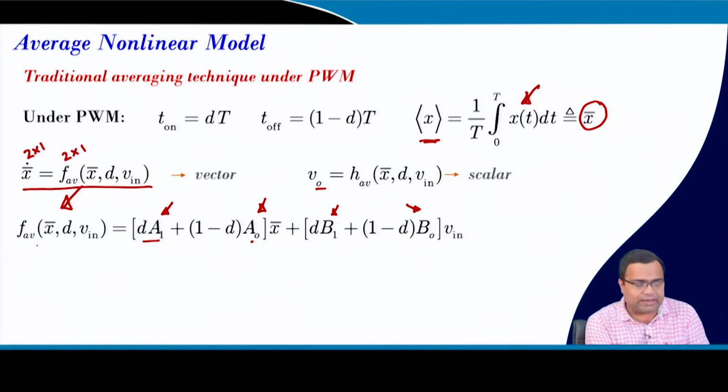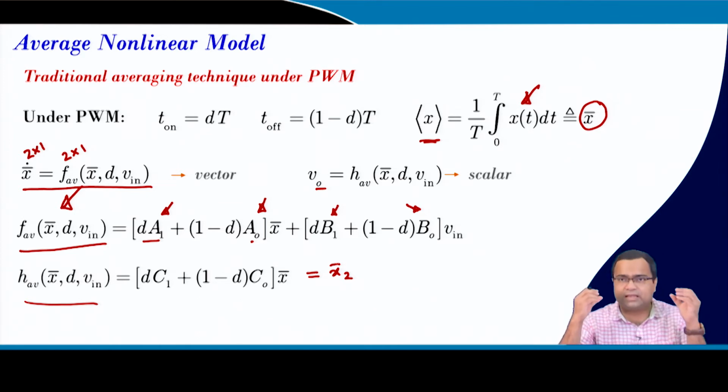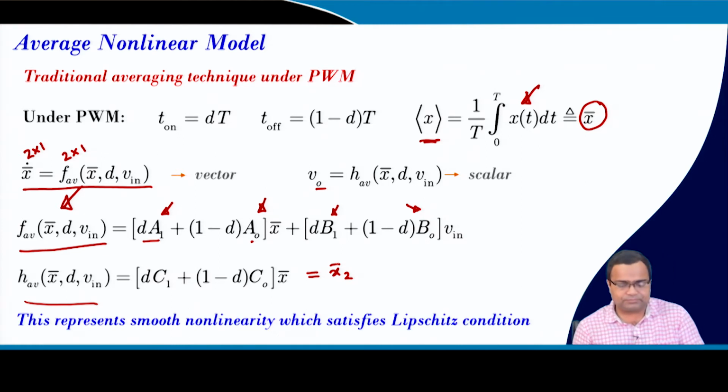By that way we can obtain this average model, and for the output voltage, for this ideal case it will be simply x2 bar, because x2 is the instantaneous capacitor voltage, which for the ideal case is the output voltage. We take the bar because we are talking about the average model.